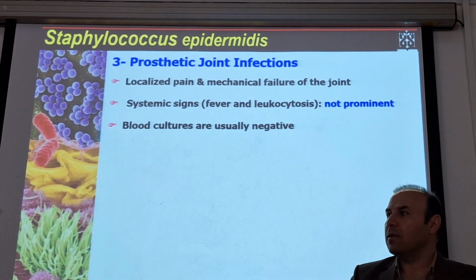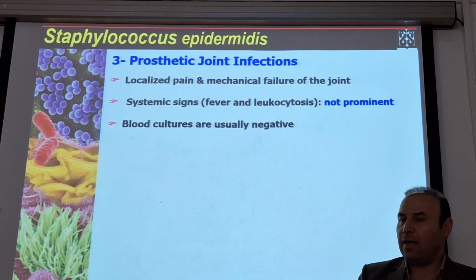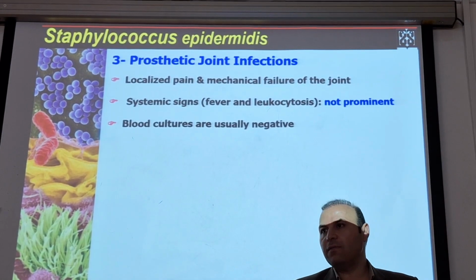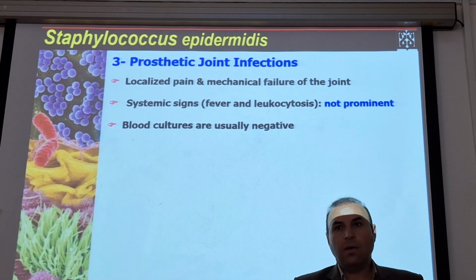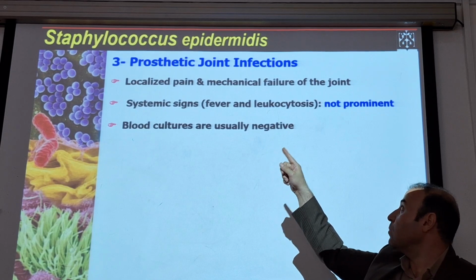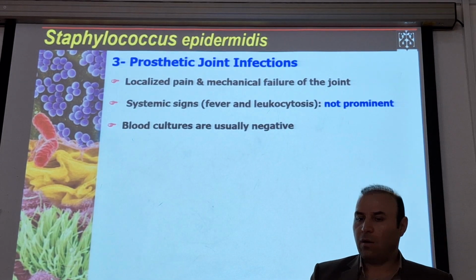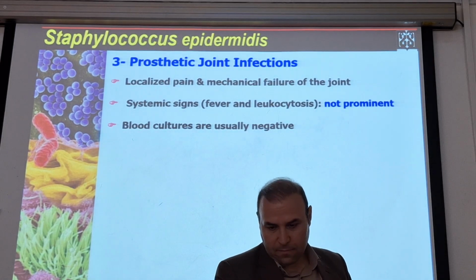Many patients experience localized pain and mechanical failure of the joint. We cannot see systemic symptoms in patients with prosthetic joint infection, and the cultures of blood are always negative.